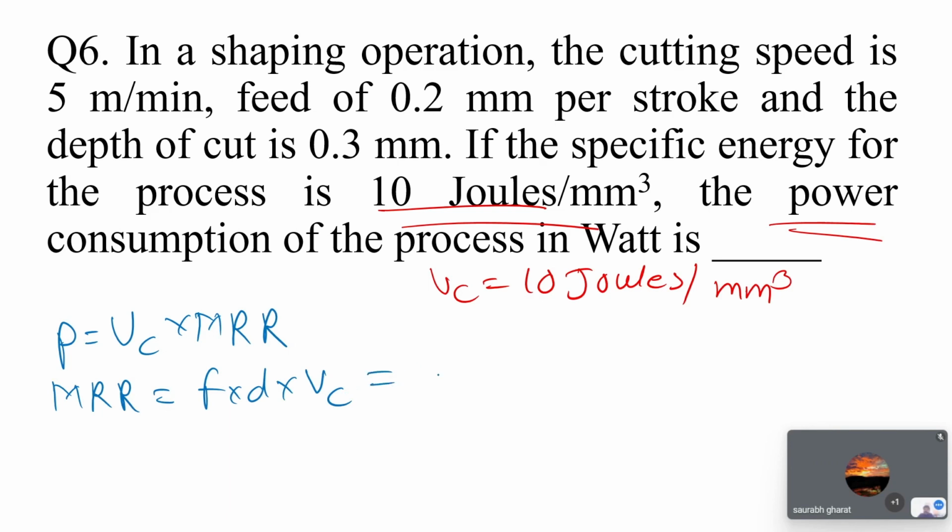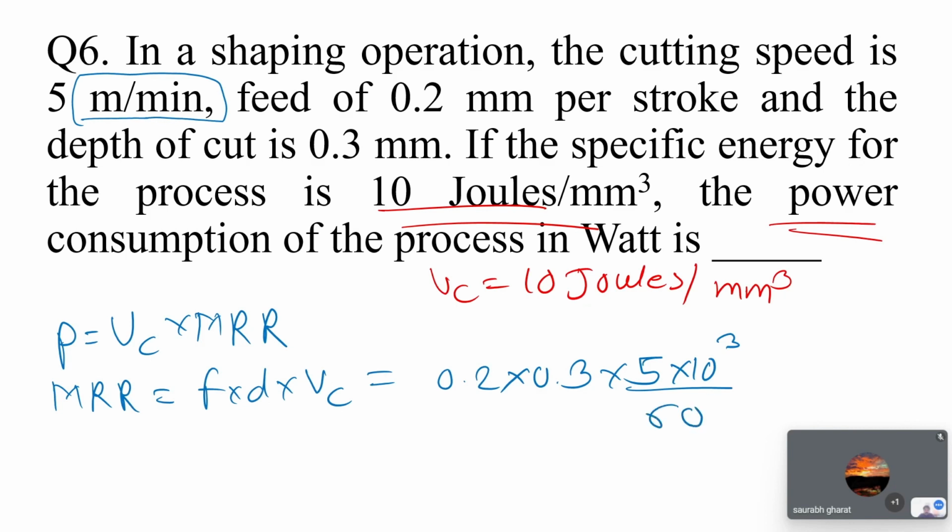You have feed 0.2, depth of cut 0.3, and VC, but VC is in meter per minute. Check this properly. So we have to convert it into millimeter per second.